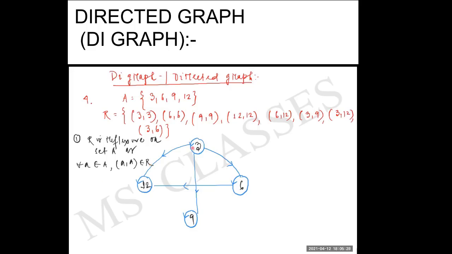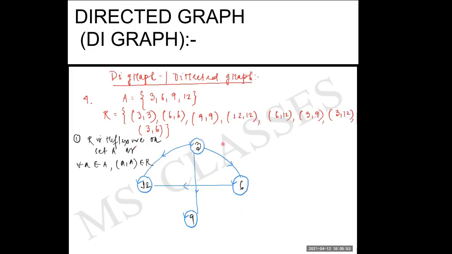Because all the elements have been encircled. If all the elements have been encircled, then it is a reflexive relation. So here all the elements have been encircled, so straight away you can say it is a reflexive relation.